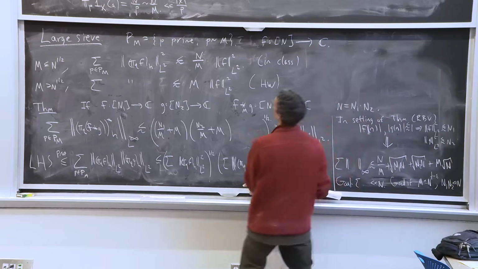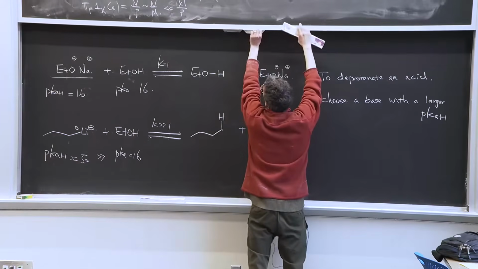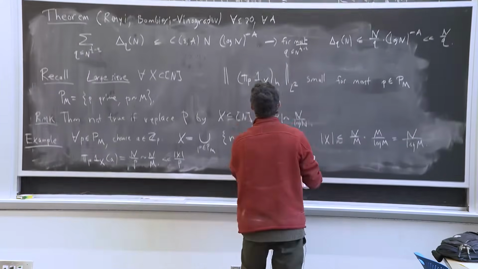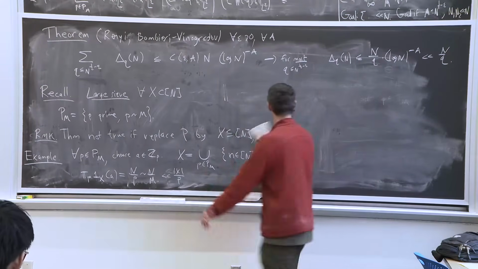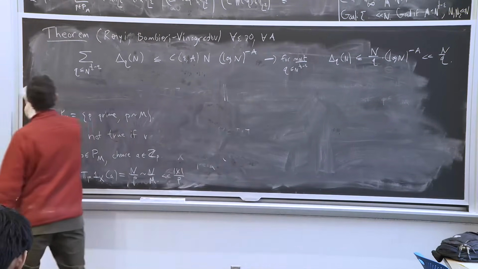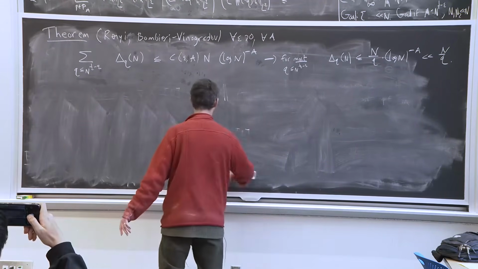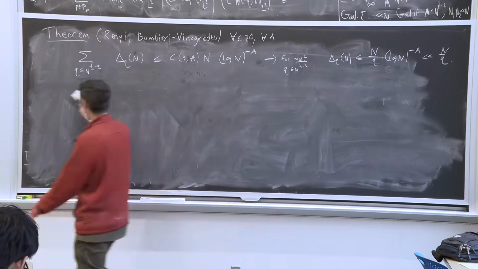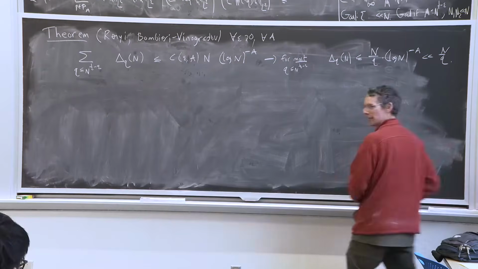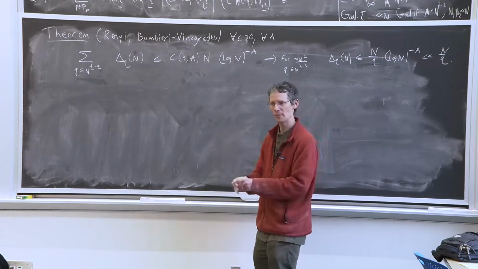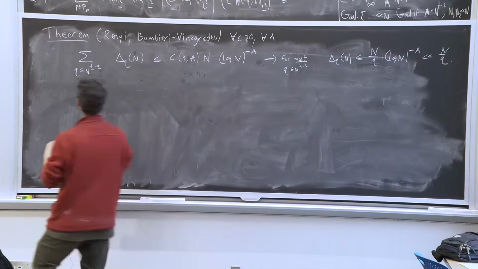OK, so now let's go back to our theorem. All right. And this last part, I'm not going to do every detail, which even gets a little bit messier, but I'll just say the skeleton, and then we'll pause.